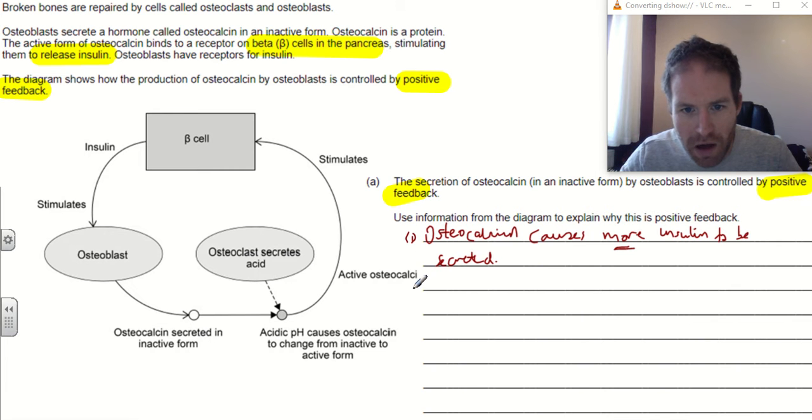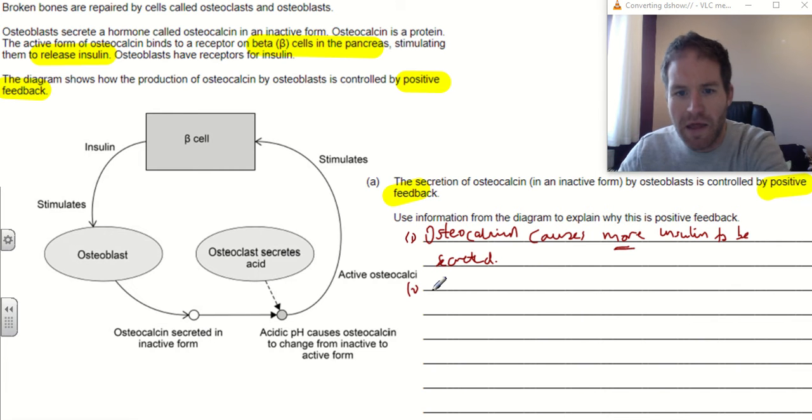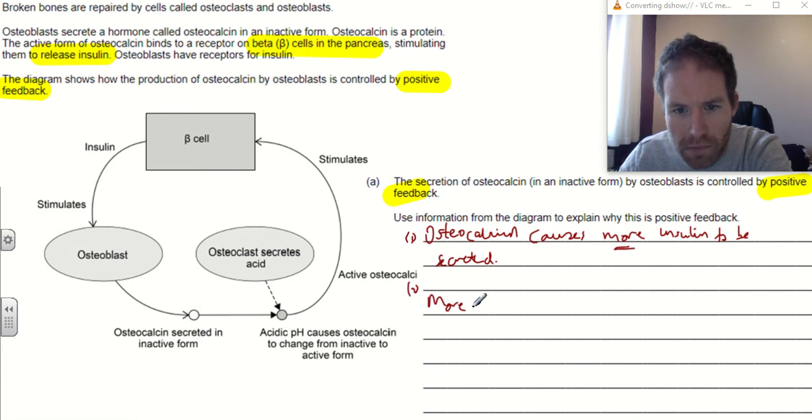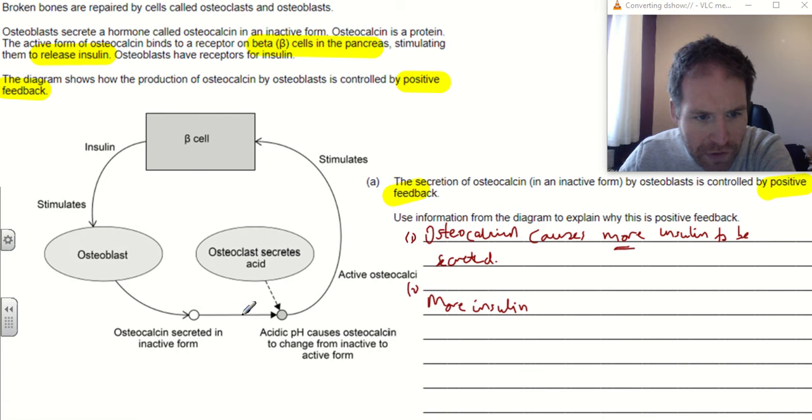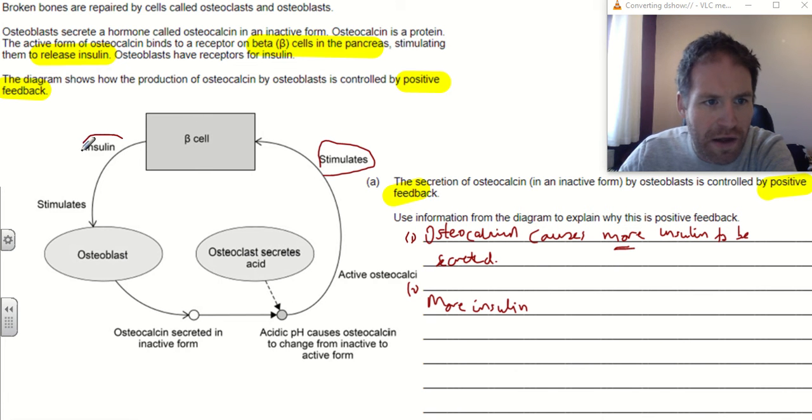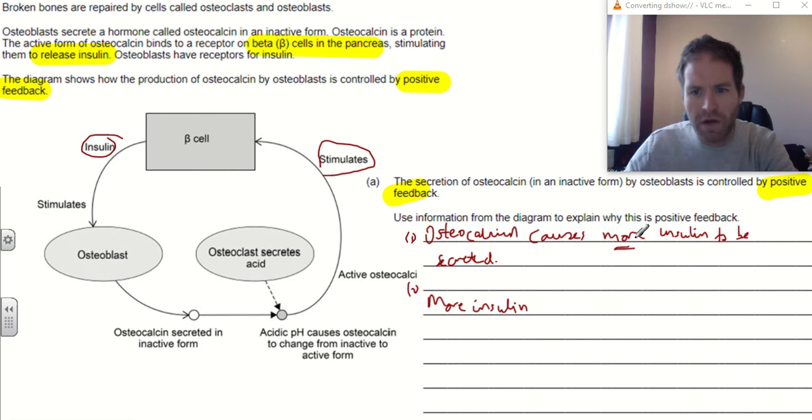And the next mark, we would say that more insulin stimulates more secretion of osteocalcin. If we watch the diagram, the osteocalcin is secreted, it stimulates the beta cells to release the insulin. So we're saying osteocalcin causes more insulin to be secreted.